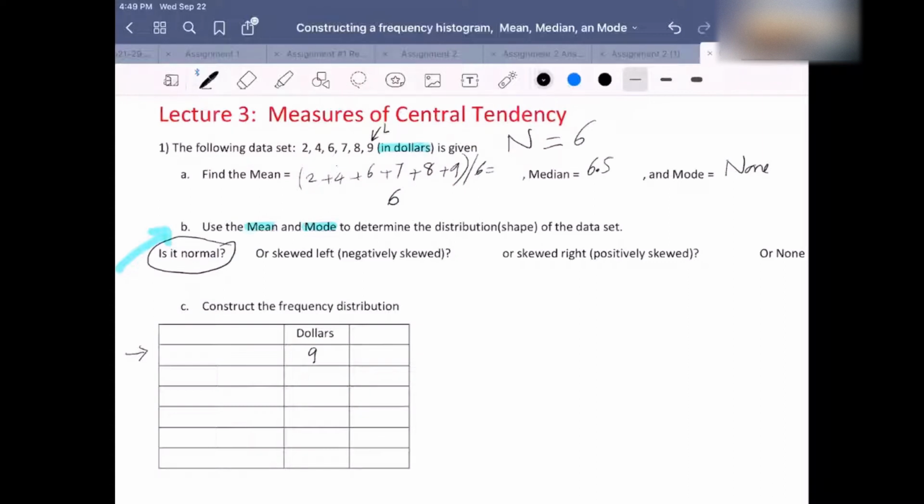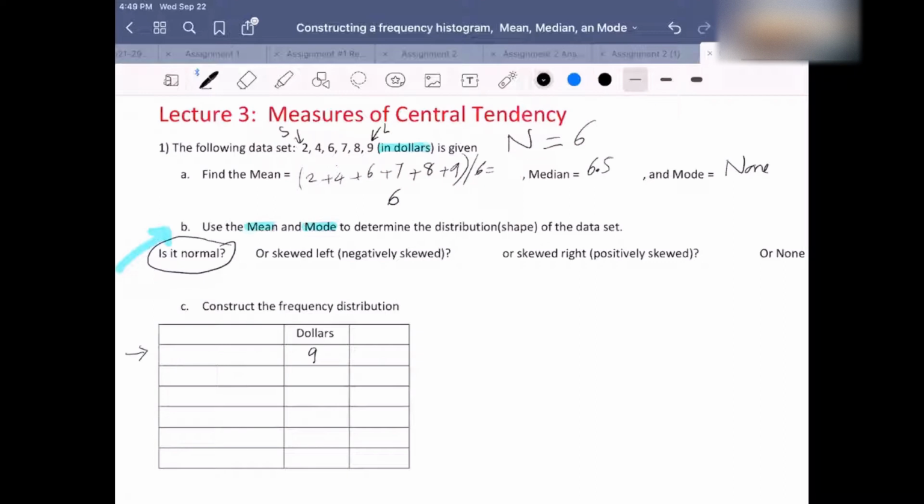And which one is the smallest, everyone? All right, good. So the smallest number is number 2, right? So you have to keep listing all the numbers in the table from 9 to 2 without skipping any numbers.